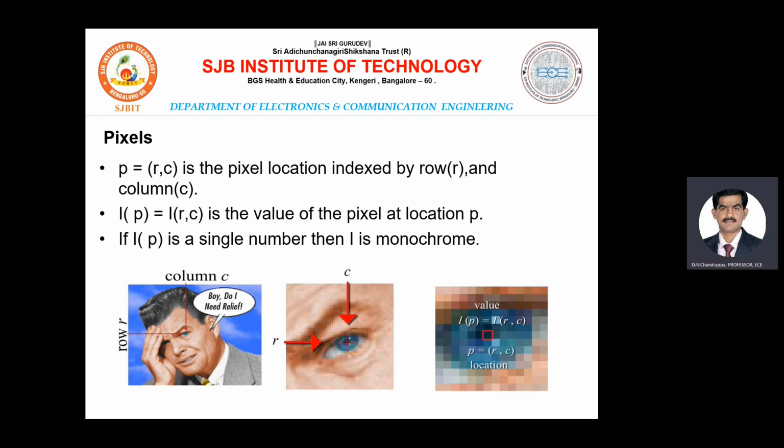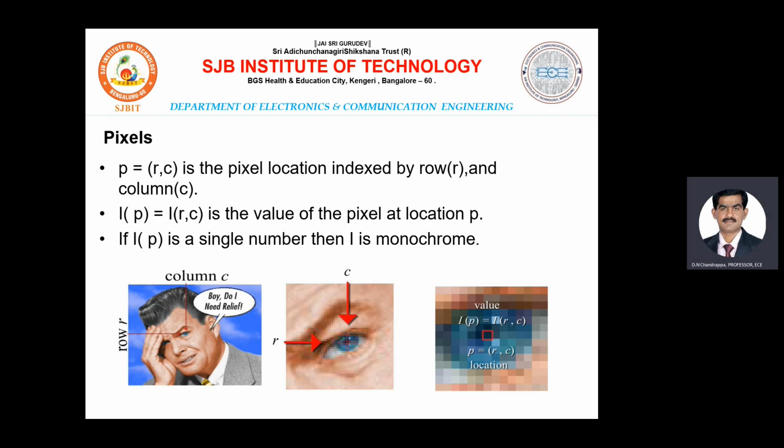Now we come to some analysis of the image. Suppose I take any image. The elements of an image are called image elements or pixels. The pixel location is indexed by rows and columns. That is what I explained in the previous session as f of x comma y.